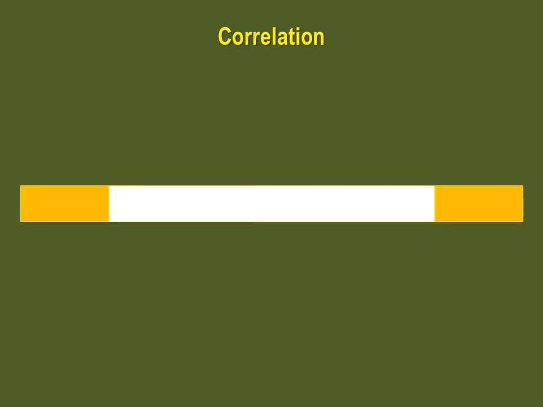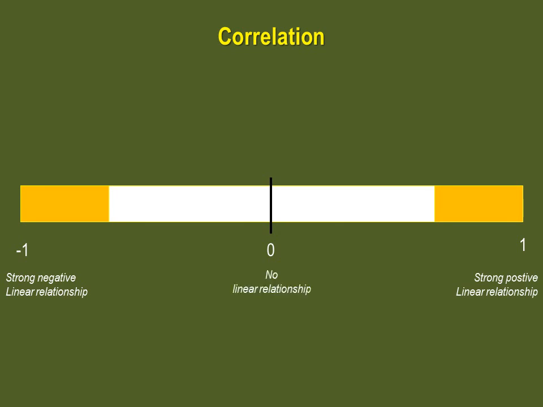The value of our correlation coefficient can range from -1 to 1, with of course 0 straight down the middle. A correlation coefficient of -1 indicates a strong negative linear relationship, whereas a correlation coefficient of 1 indicates a strong positive linear relationship. In this aspect, 0 indicates, of course, no linear relationship.